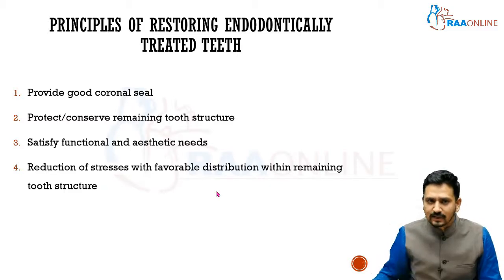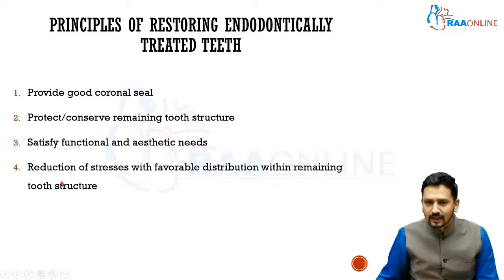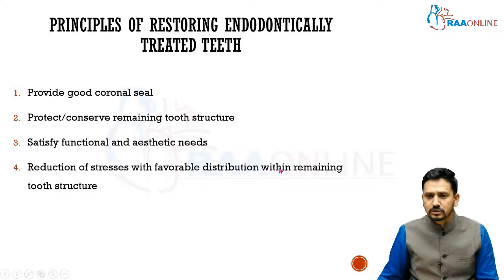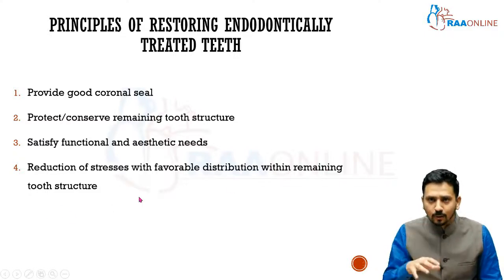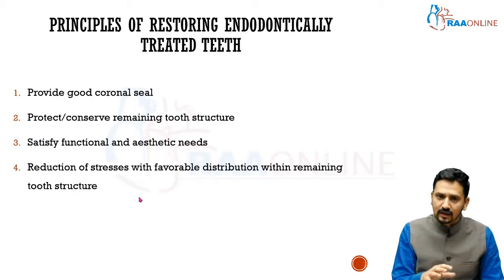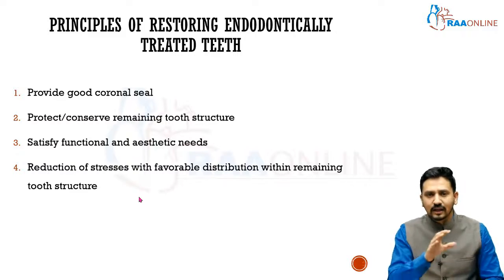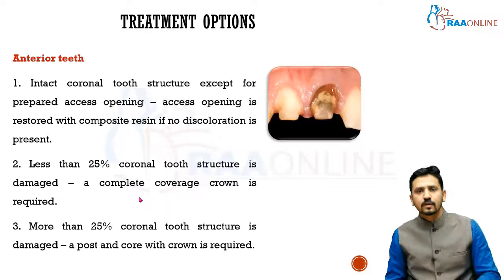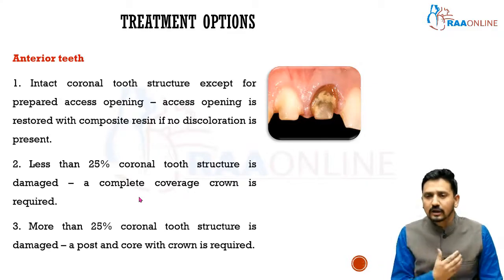So it's a very simple sentence, looks complicated, but let me go through this again. Reduction of stresses with favorable distribution within remaining tooth structure. So your crown should reduce the stresses, and the stresses that will be created should be favorably distributed within the remaining natural tooth structure.